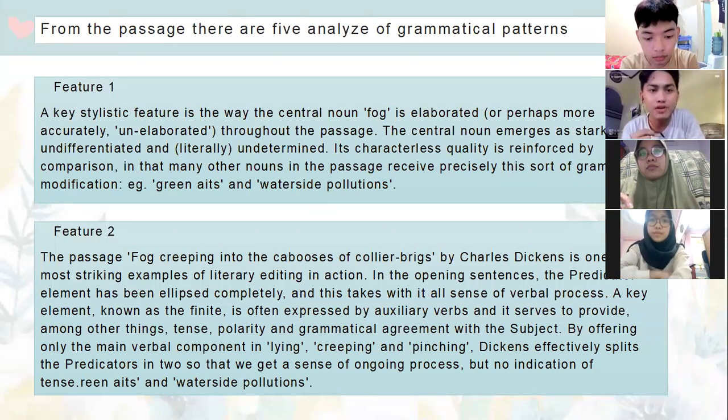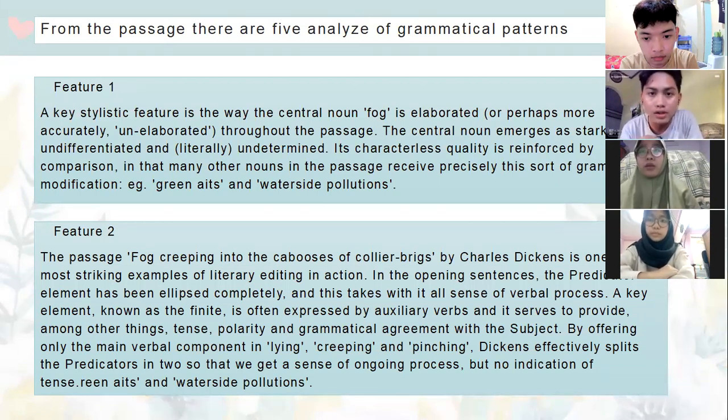From the passage above, there are five analyses of grammatical patterns. The first one: a key stylistic feature is the way the central noun, fog, is elaborated, or perhaps more accurately unelaborated, throughout the passage.